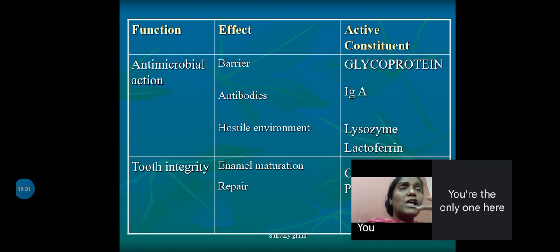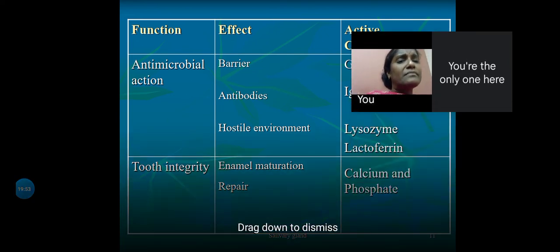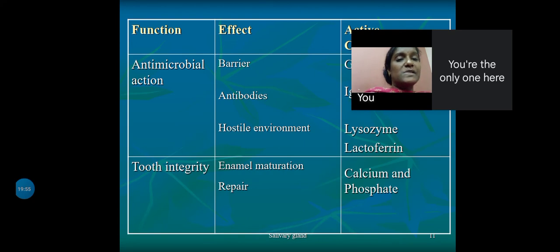So what happens? This bacteria, even though they have attached, they need to grow first. They need to colonize. They need to increase in their growth. Only then can they execute the disease. So they will find it very difficult to proliferate, mature, grow and multiply, because there isn't enough nutrition for them. So that is also a control process where we subside the growth of the microorganisms. So the antibacterial property of saliva is very important.